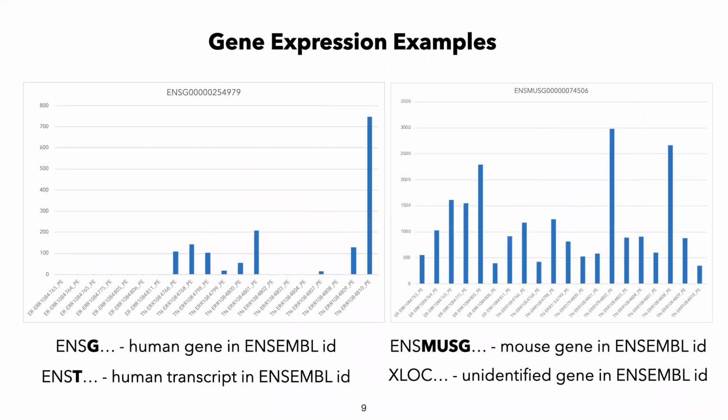For example, here we see 2 genes. ENSG stands for a human gene, and ENSMUS stands for a mouse gene, an Ensembl ID. And last time we took a couple of these examples to really see what they mean.